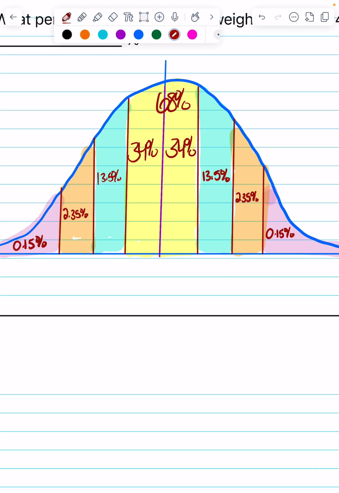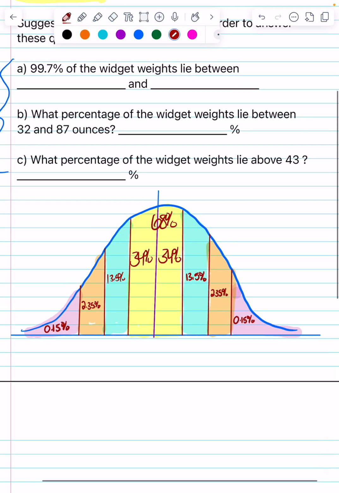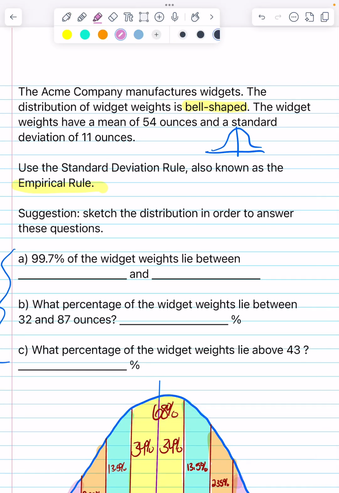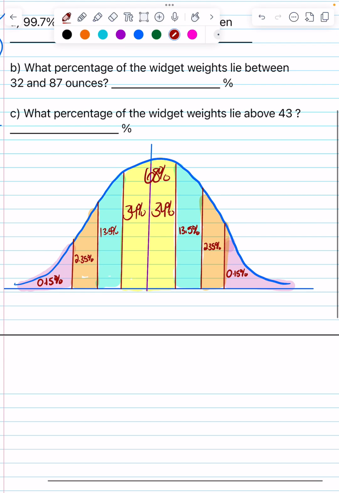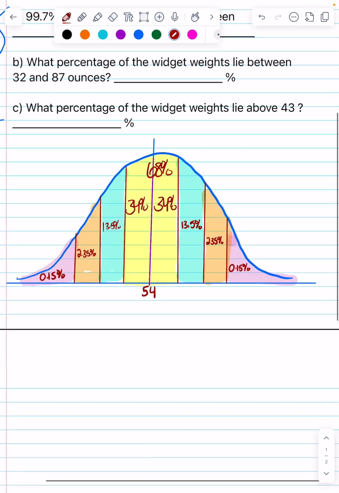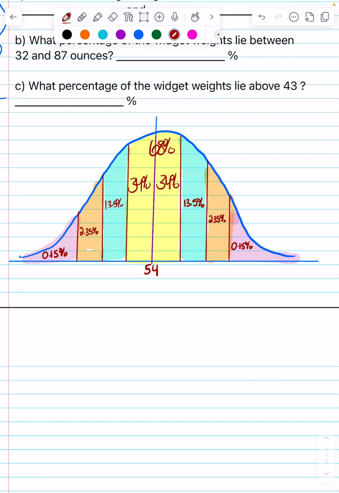All right, now I'm ready to actually look at the problem. Going back to the top, it says that we have a mean of 54, standard deviation of 11. So that's important, we need that. The mean is going to go in the center, and then 11. It's going to be 11 plus 11 and minus 11 on either side of that to get to the next number.